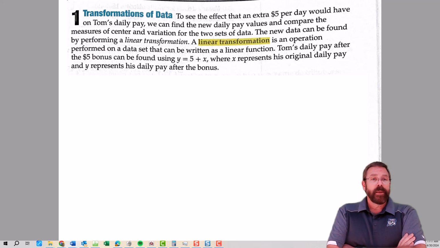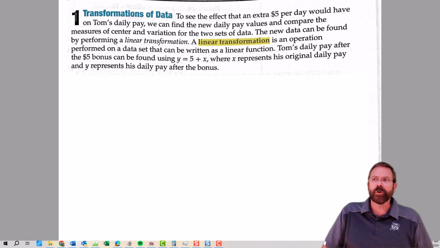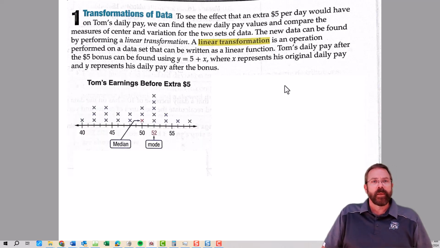Tom's daily pay after a $5 bonus can be found using the equation y equals 5 plus x, where x represents his original daily pay and y represents his daily pay after the bonus. We good so far? Pretty simple so far, I think. Now, we're going to take a look at Tom's earnings before earning the extra $5.